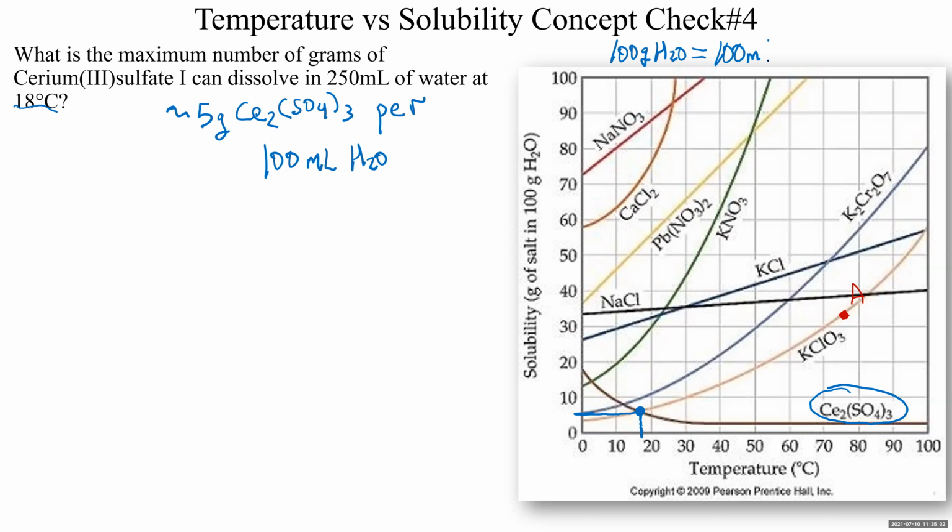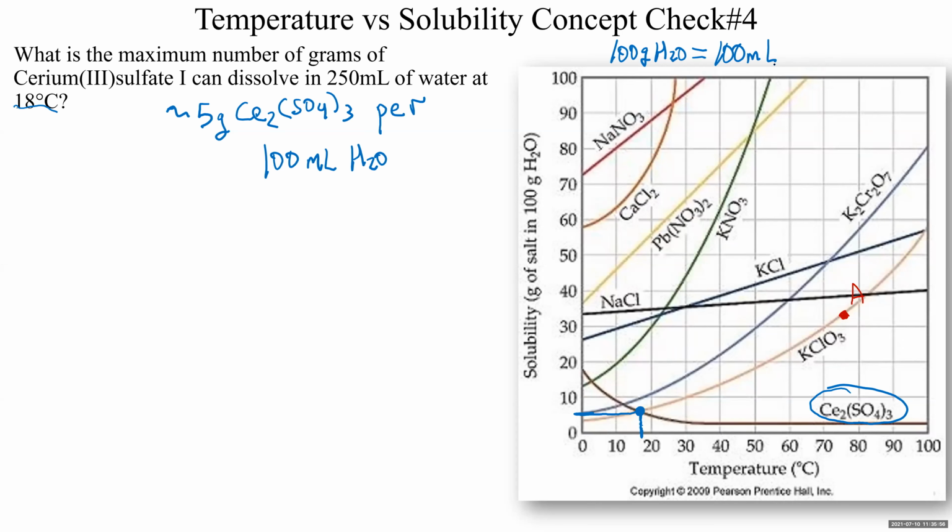We're just going to make that assumption. Yes, I know it doesn't exactly hold true at all temperature ranges, but it's close enough for our purposes. I mean, imagine how much error we get in just reading this graph. I'm sure that's not even exactly 18 degrees Celsius. Okay, so for the purposes of looking at this graph, 100 grams of water is 100 milliliters of water. So we have 5 grams of cerium sulfate per 100 milliliters of water.